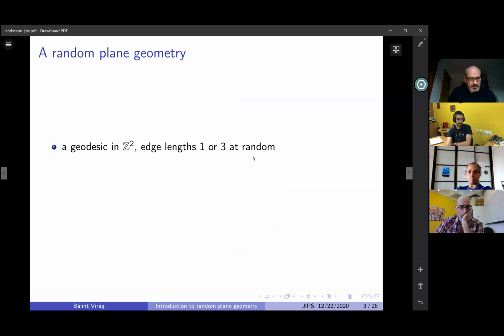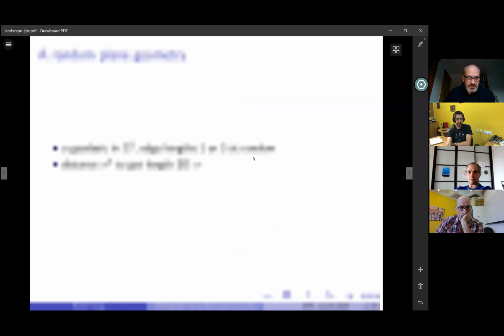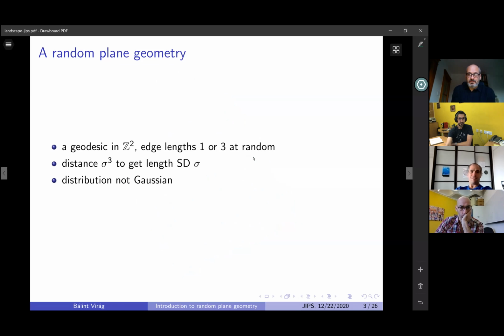You just do these geodesics on Z squared, and you look at the distance. What is the standard deviation of the distance when you go some given Euclidean distance, or given original graph distance, away?